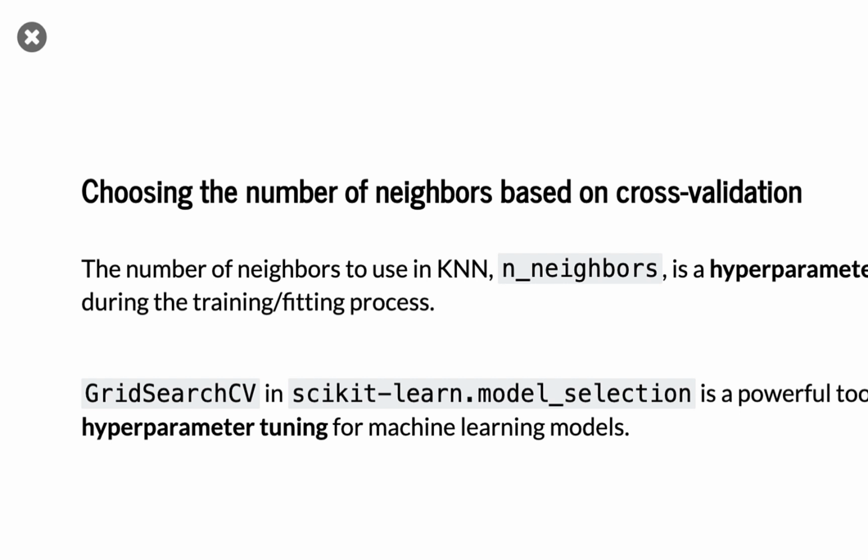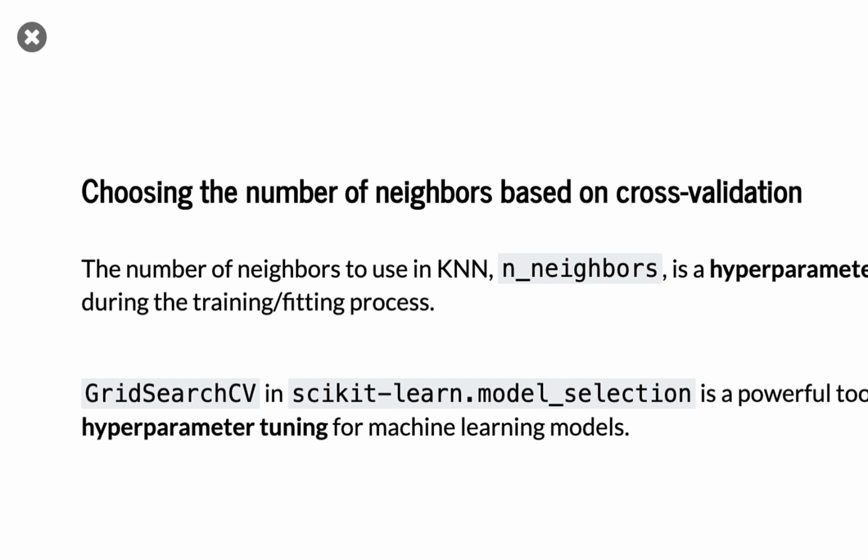It's always the case that we want to choose the value of the hyperparameter, in this case the number of neighbors, based on their performance. So if, let's say, using 20 neighbors has better performance than using 10 neighbors, then it's logical to use 20 neighbors instead of 10 neighbors. That's the critical idea.